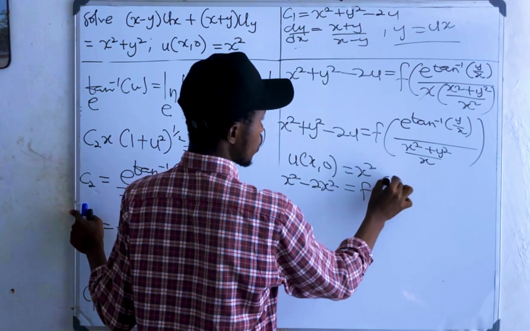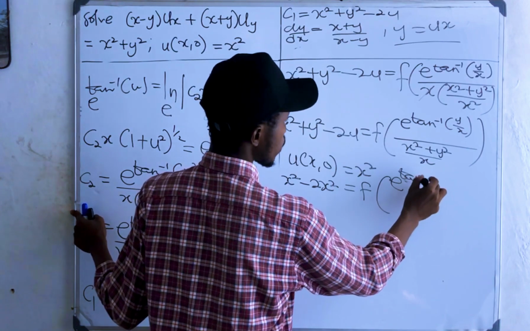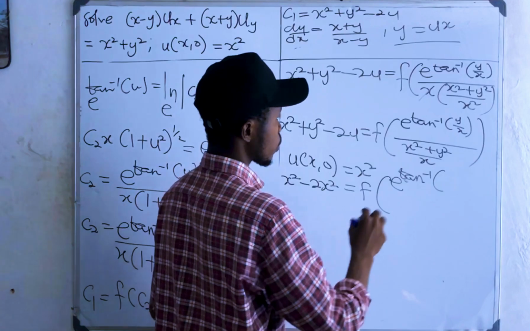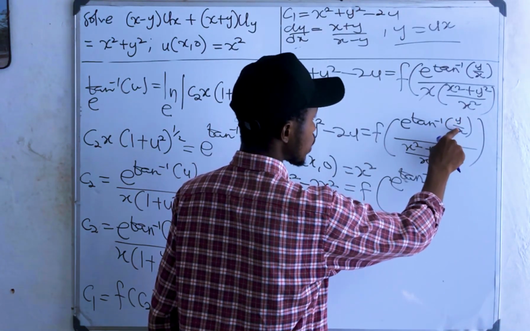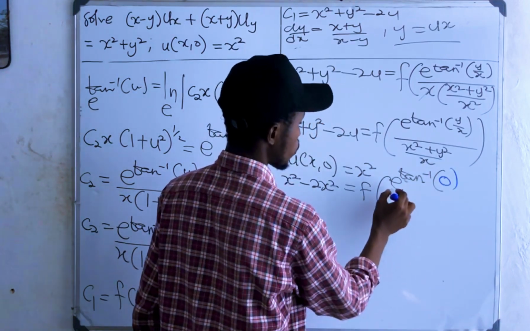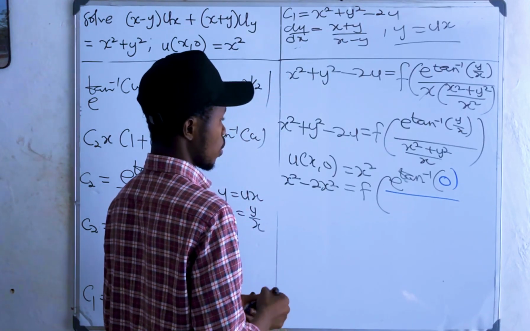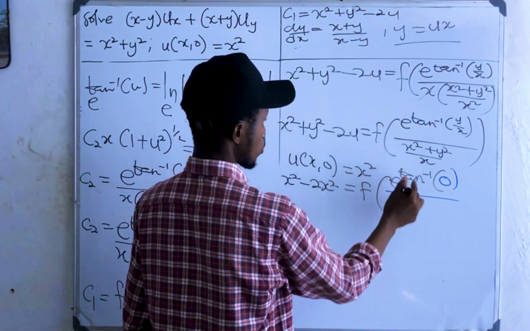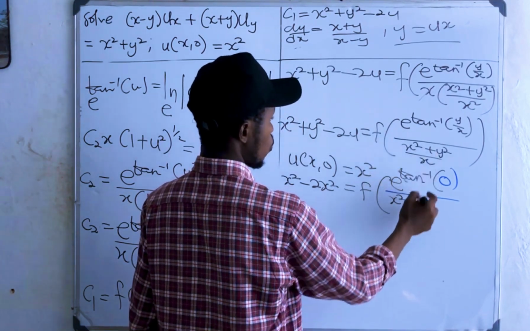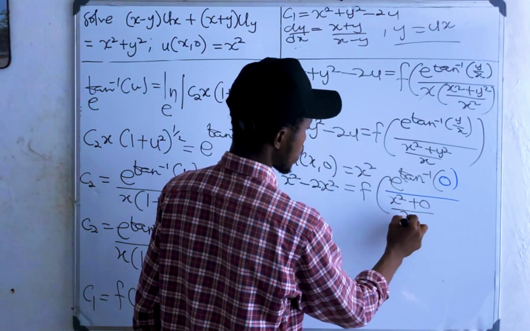of e to the power tan inverse of... you see, we said y is 0, so if y is 0, 0 over x will still be 0, so tan inverse of 0, all over x. x is x, so we have x squared plus y squared, which is 0, all over x.